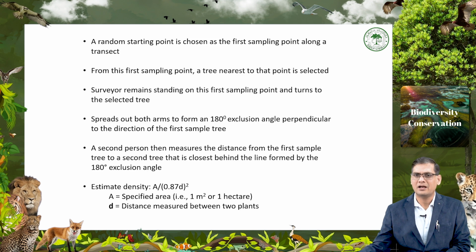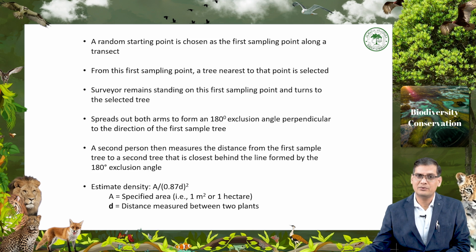180-degree exclusion angle perpendicular to the direction of the first sample tree. A second person then measures the distance from the first sample or reference tree to a second tree that is closest behind the line formed by the 180-degree exclusion angle.